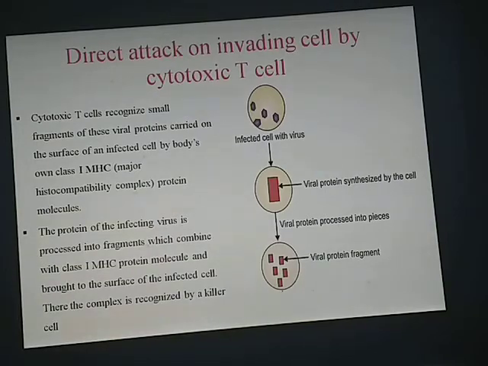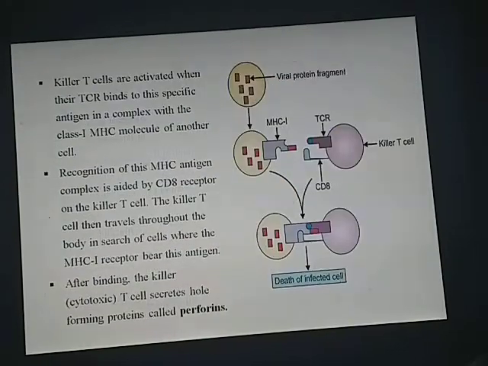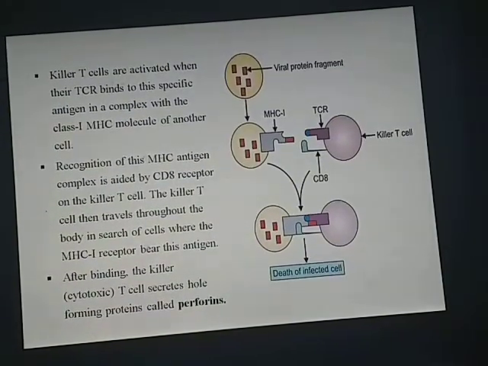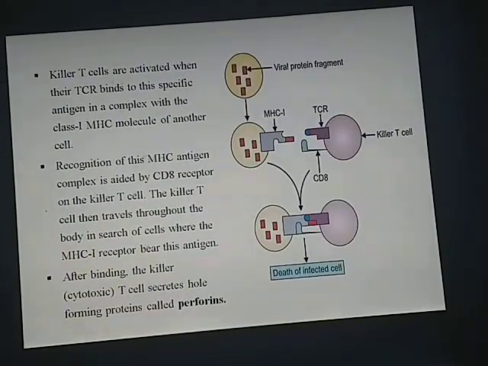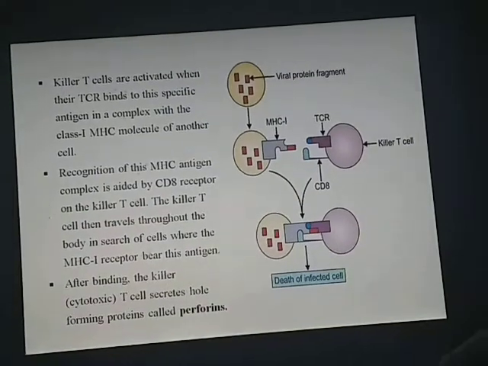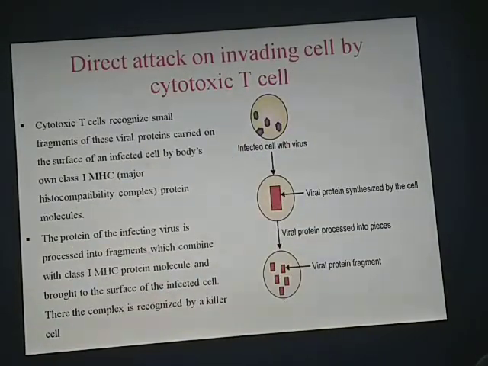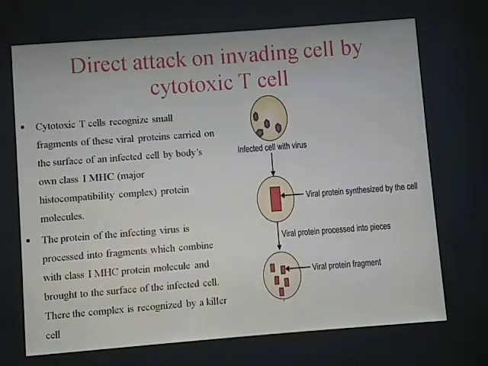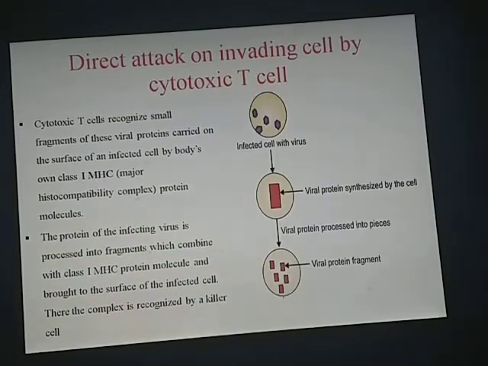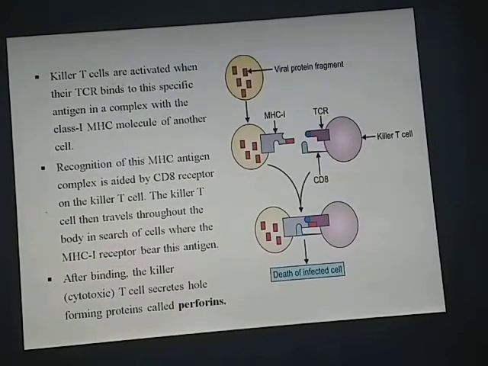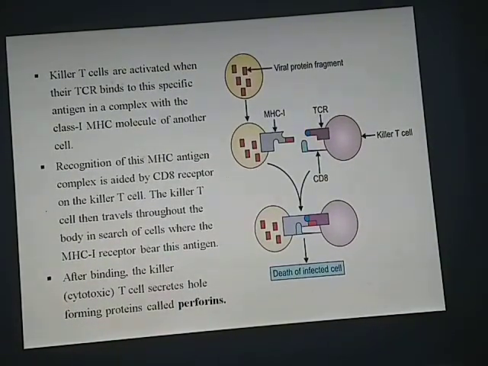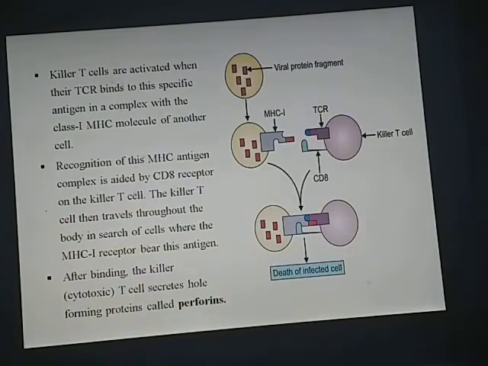There the complex is recognized by a killer T cell. The killer T cells are activated when the TCR binds to the specific antigen in complex with the class 1 major histocompatibility molecule on another cell. You can see in the previous diagram how the viral protein is broken down into fragments.